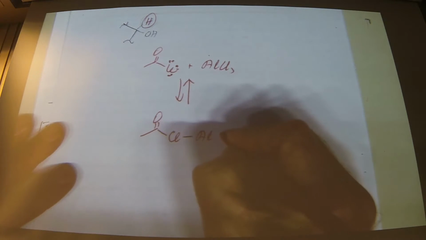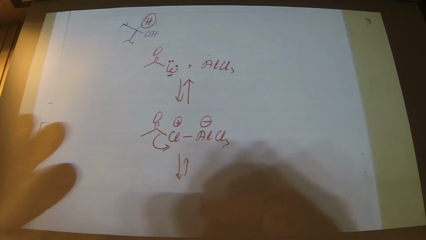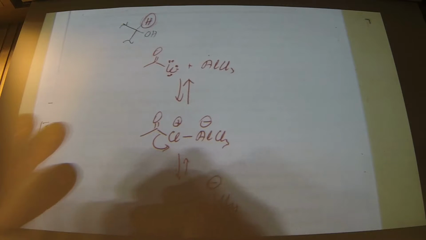This is a strong Lewis acid. You have electron pairs here, and so you end up with a Lewis acid, Lewis base product. And then this can just detach to give you tetrachloroaluminate minus, and in this case, this.